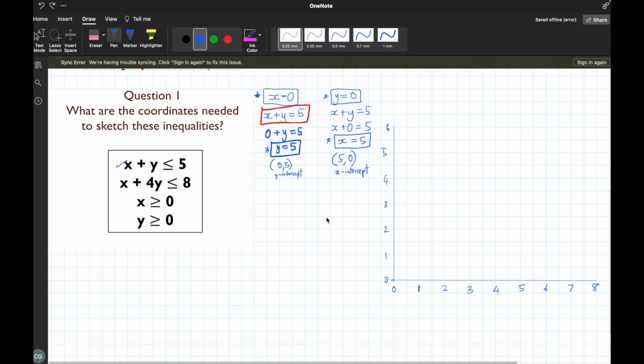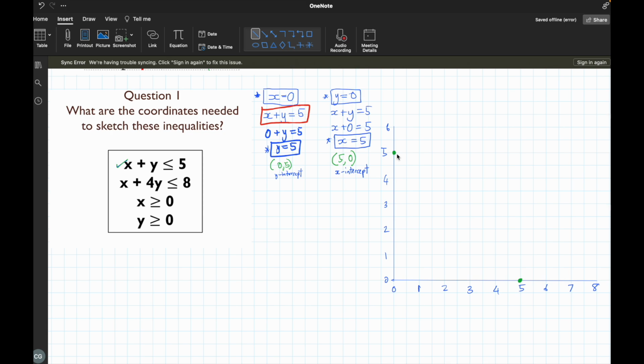What I need to do now, these portions here, let's say they're green for now. I need to plot them on a graph. So (0, 5) is right here. And then I now have (5, 0), which is right here. So for this particular one, I can now draw the line because I have the y-intercept and the x-intercept.